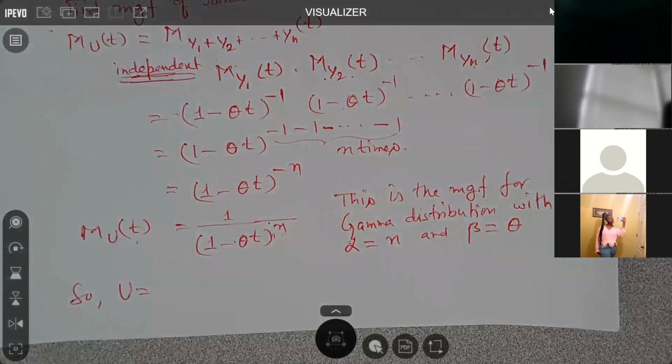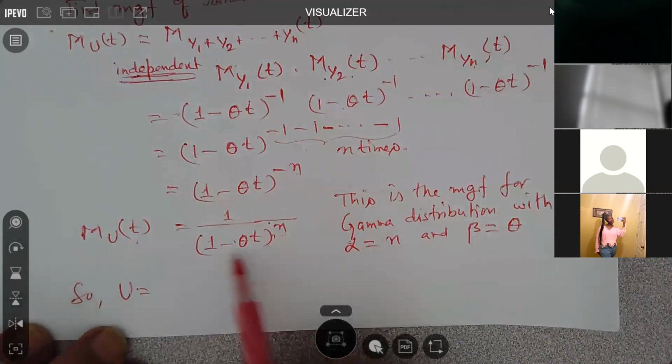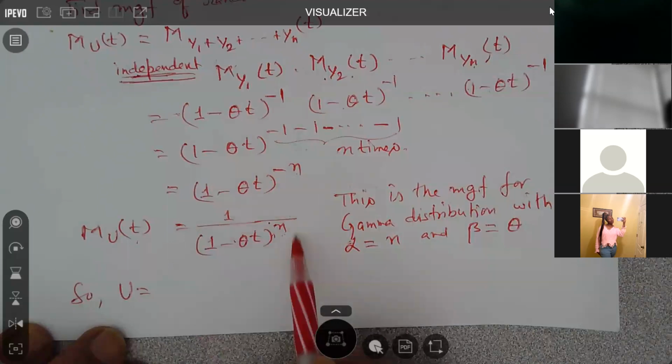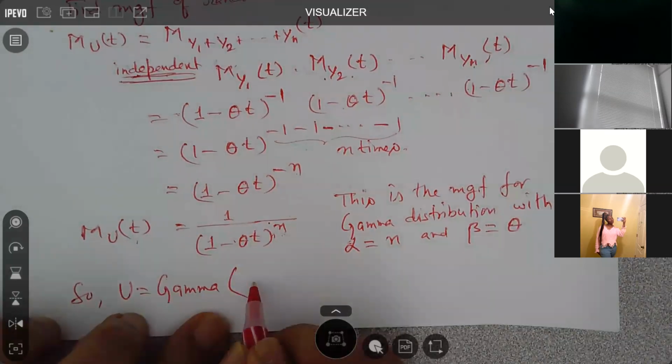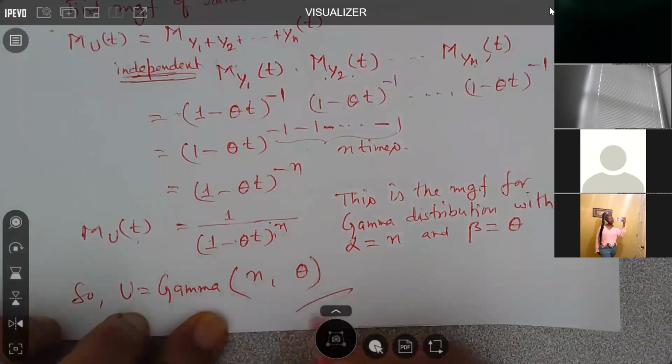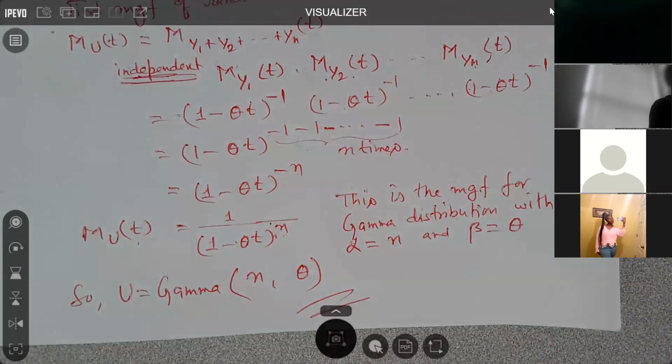Yeah. So now here we are matching the moment generating function, so we must know the moment generating function for that distribution. So you had a gamma with alpha equals n and beta equals theta. Okay, that's what it is.